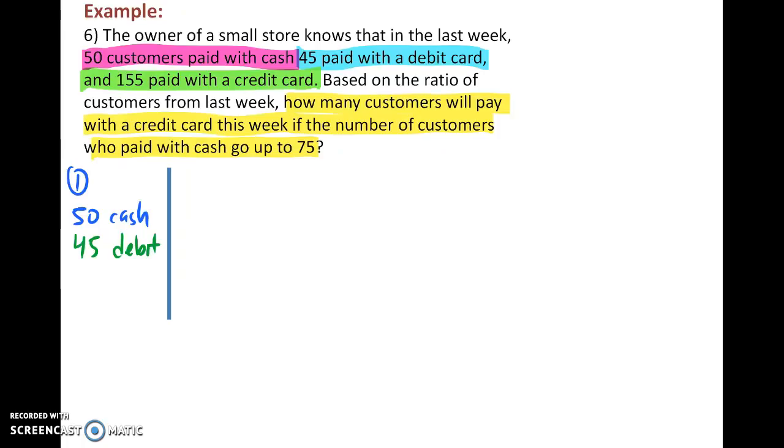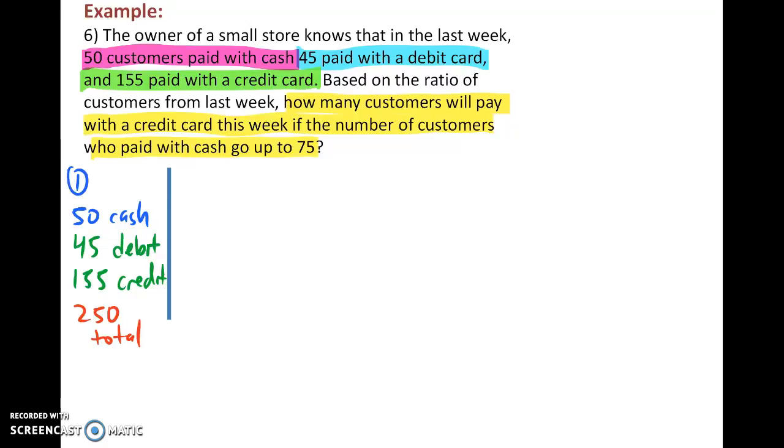And we have 155 credit. Now, to get the total, we just need to add up everything. 50 plus 45 plus 155. That's going to be 250 total.